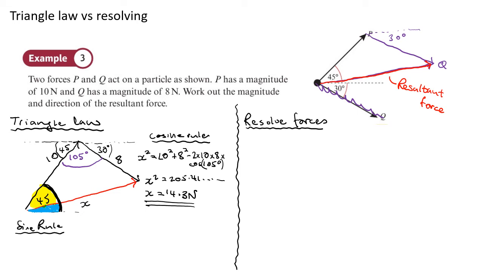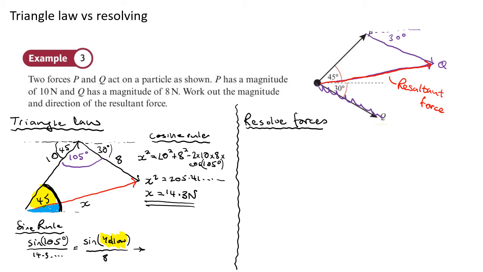I'm trying to find an angle, so I'm going to put the angle at the top. So sine 105 over the opposite side, which is x, that's that 14.3, but I'm probably going to use the answer button, equals the sine of the yellow angle, rather than put more letters in, over 8.